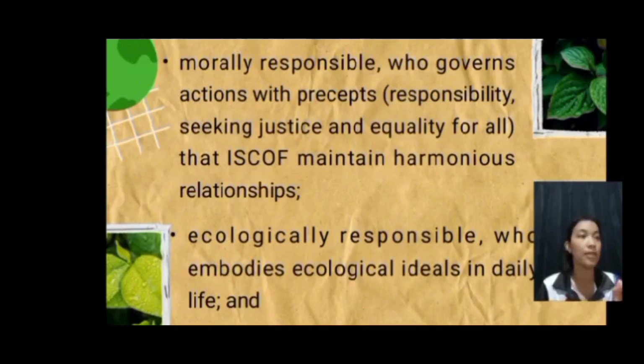Individuals who embody ecological ideals in daily life are those who adopt sustainable practices and strive to minimize their environmental impact. This can include actions such as reducing waste, conserving energy, supporting eco-friendly products, practicing mindful consumption, and promoting biodiversity.